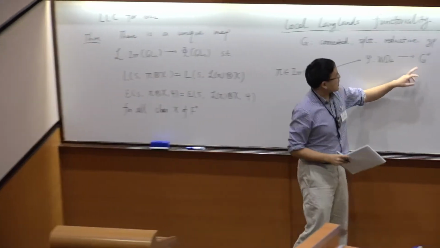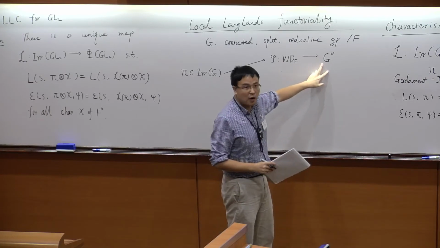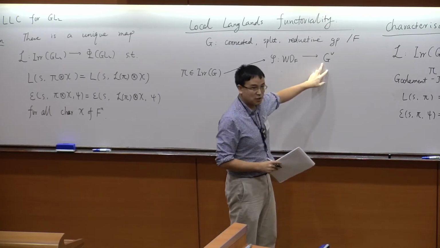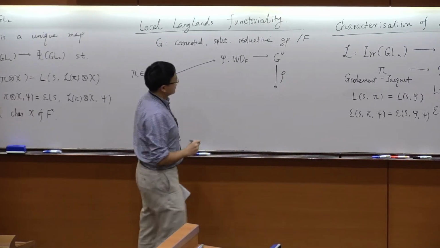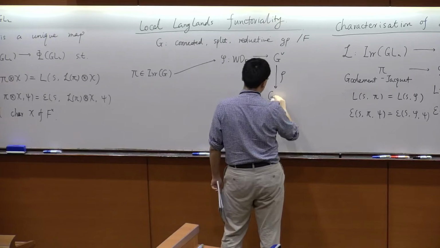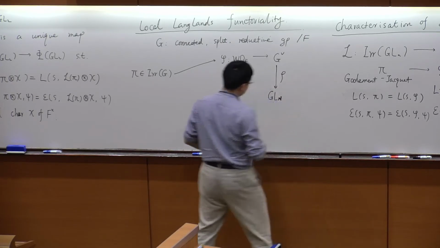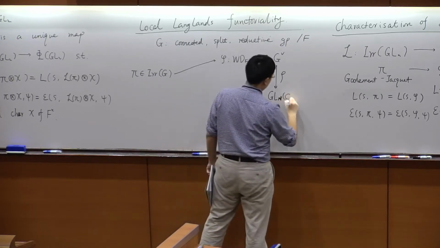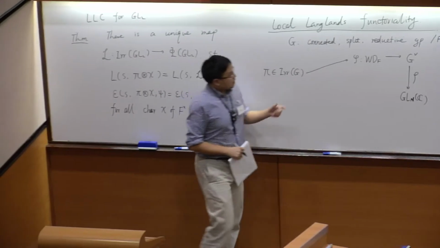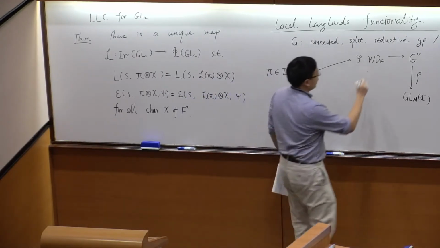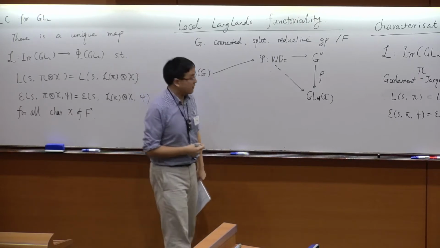We can consider an arbitrary complex representation of the dual group. Let's call it ρ. This gives a map to GL_N(C), and if we compose this map, we get L-parameters for GL_N, the capital N.